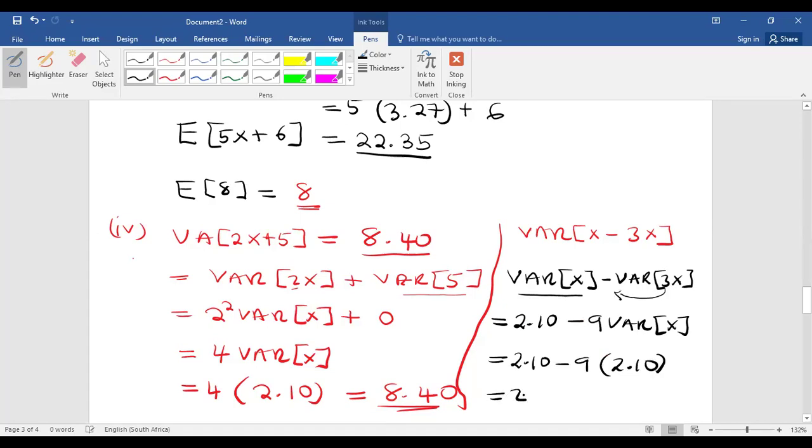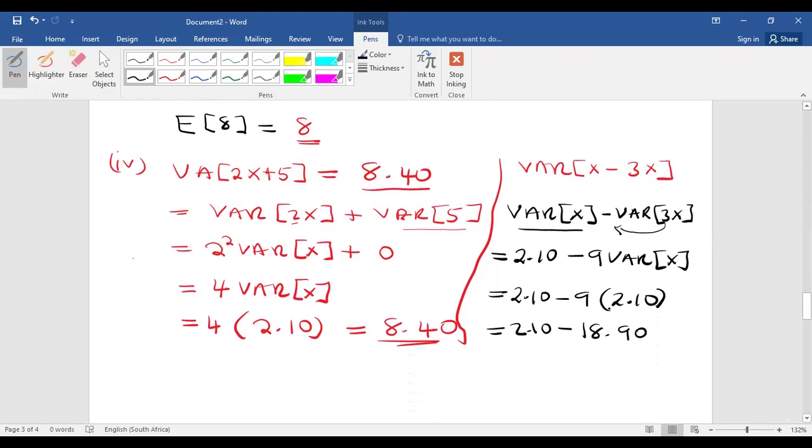Those with calculators, 9 times 2.10, what are you getting? I think that should be 18.90. Then people can compute 2.10 minus 18.90.